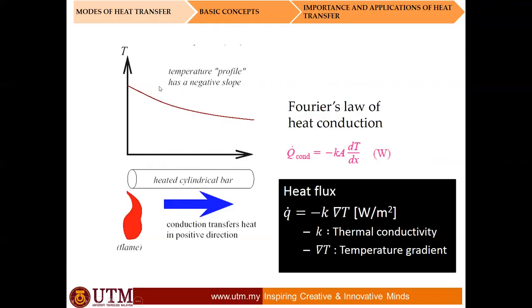If you calculate dT over dx, you will get a negative dT over dx. Negative multiplied by negative gives positive. So your Q, the heat conduction, is going to be towards the right hand side. That's why we have a negative over here, to determine its direction.